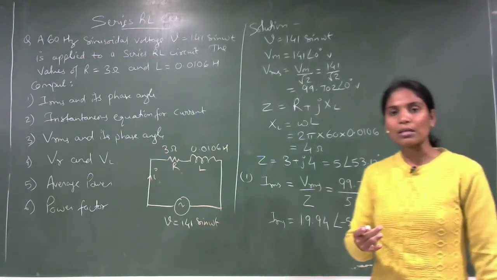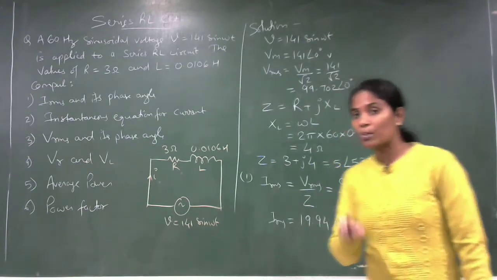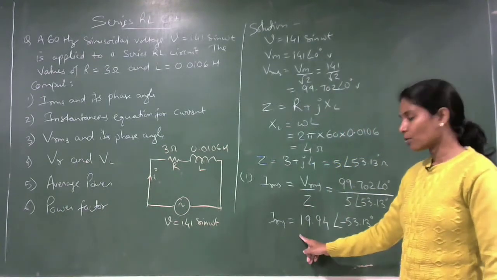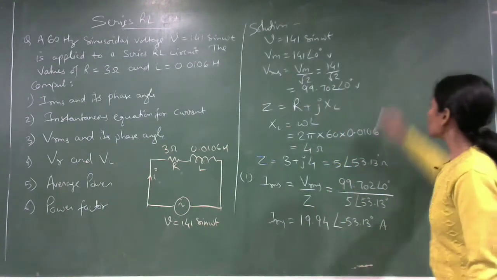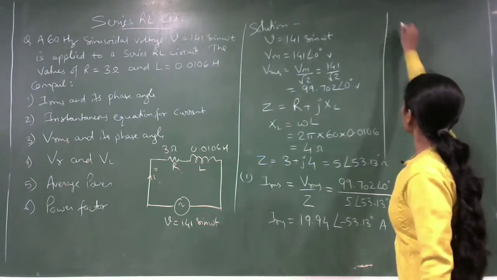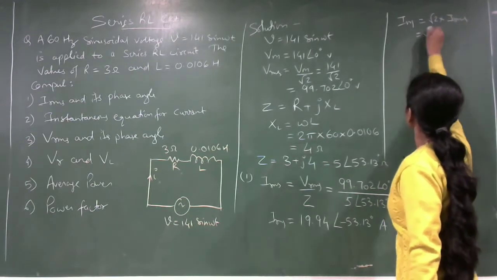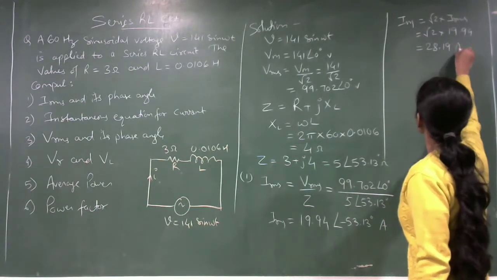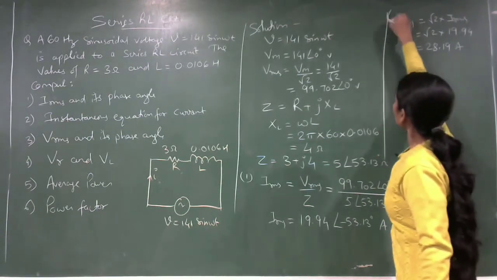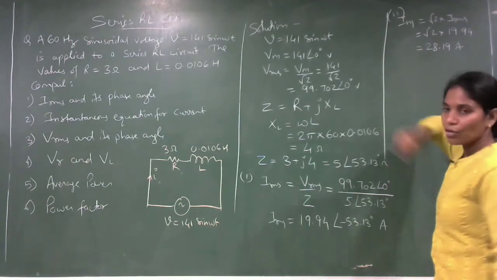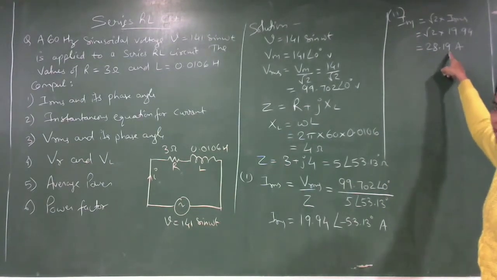The peak value of current we can get with the value of this RMS. So this is the value of peak current. It is coming as 28.19 ampere.